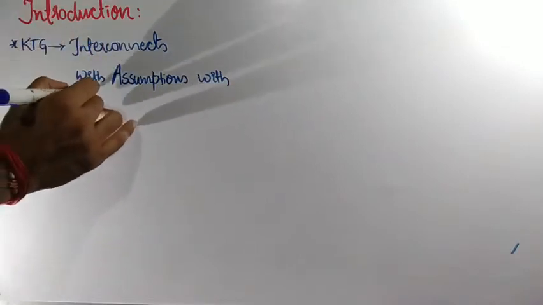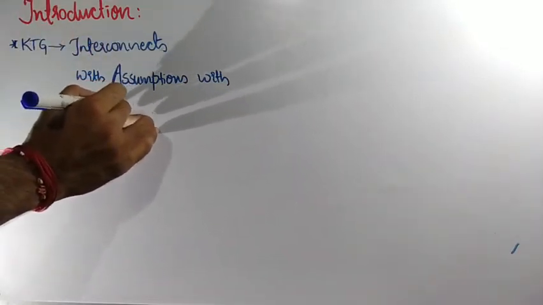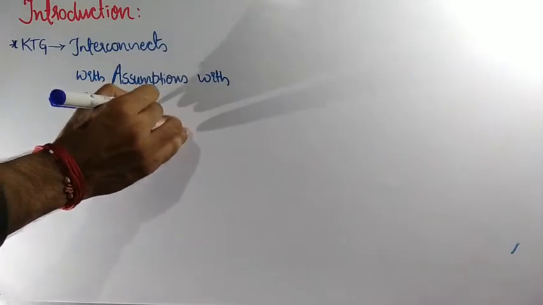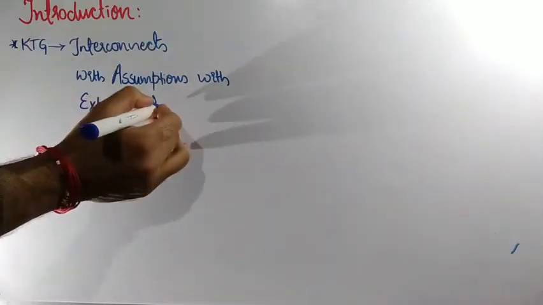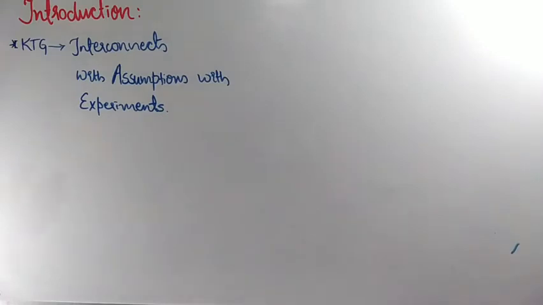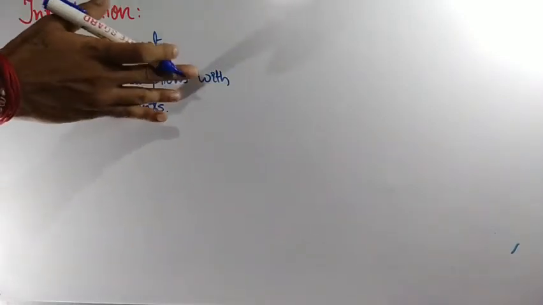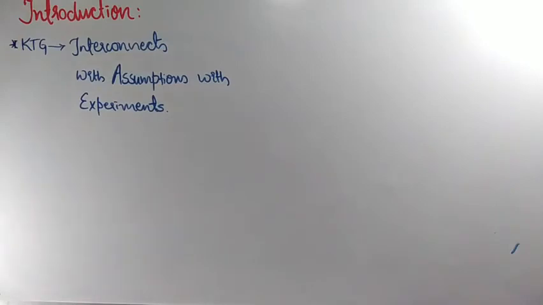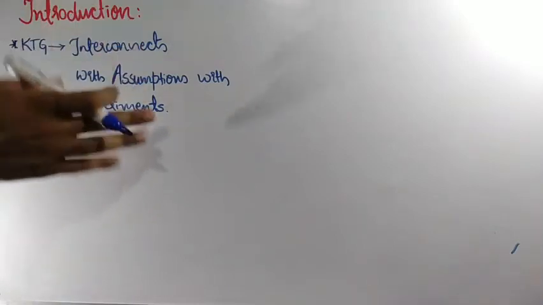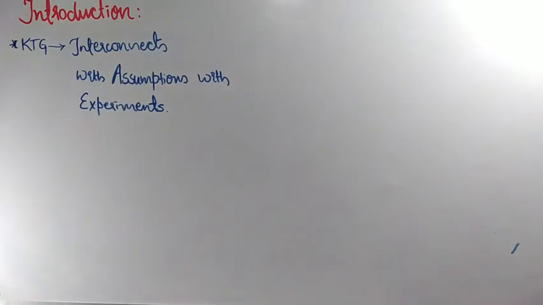With these assumptions, it relates them to the experimental results. In simple words, it interconnects the assumptions. To study the kinetic theory of gases, we assume some concepts, some facts. Those facts we had assumed have nowadays been proved experimentally. Clear? So this is the information about this point.